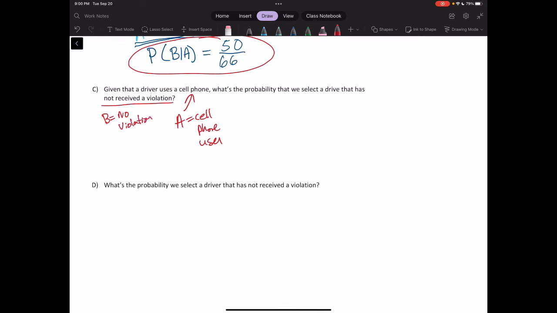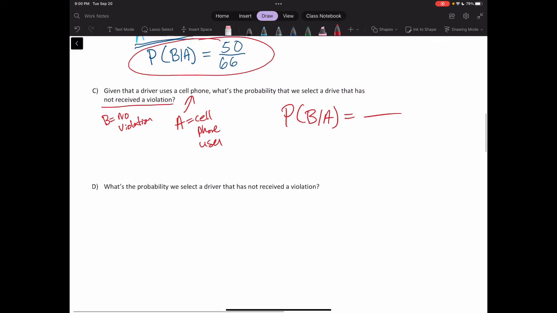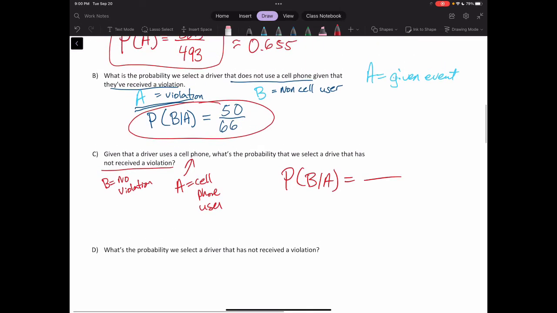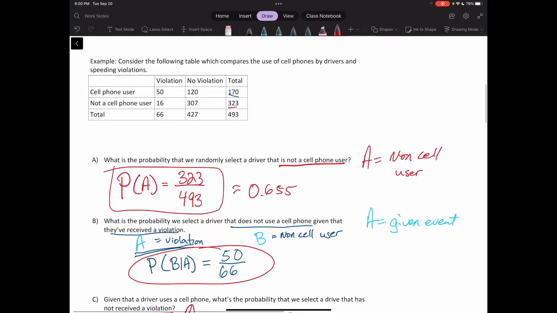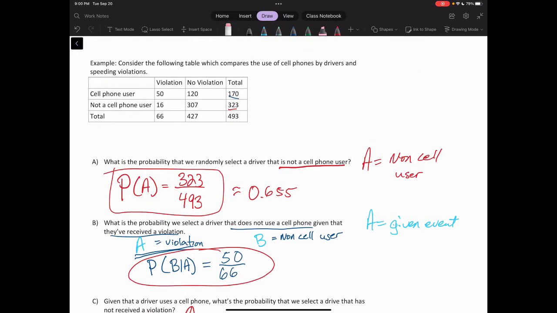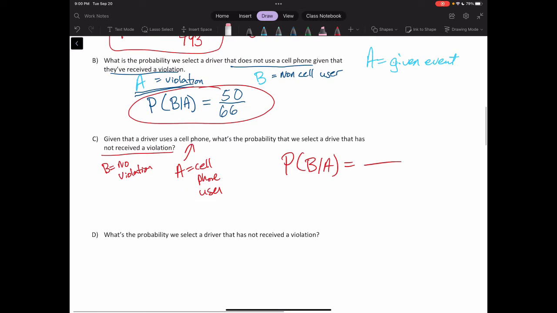Okay. So once again, I'm trying to find the probability of B given A. I like to start with the denominator because that's what's restricting me, right? So A is my denominator, it's the cell phone user. How many total cell phone users do we have? 170. So my denominator is going to be 170.